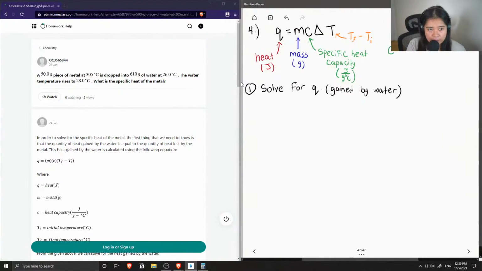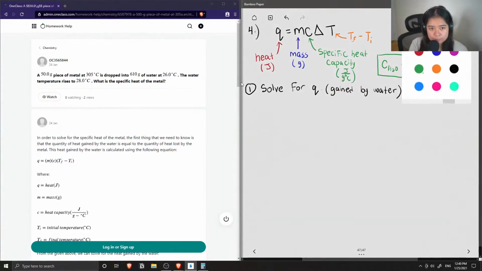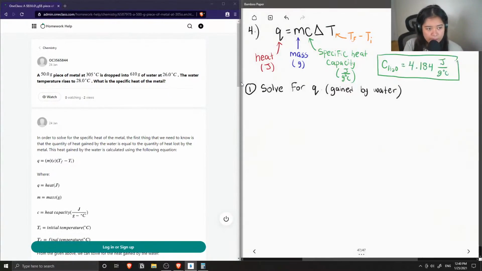So the specific heat capacity of water is 4.184 joules over gram times degrees Celsius. Since this value is known, we can just use our equation to solve for Q, or the amount of heat that was gained by the water.